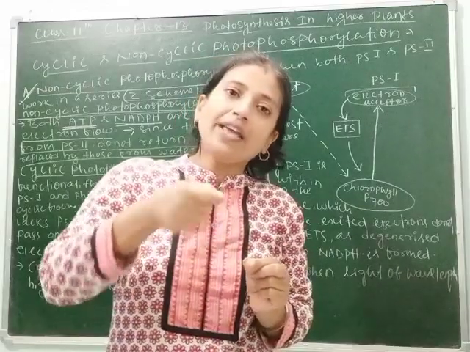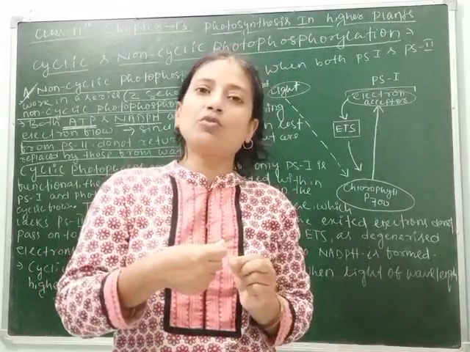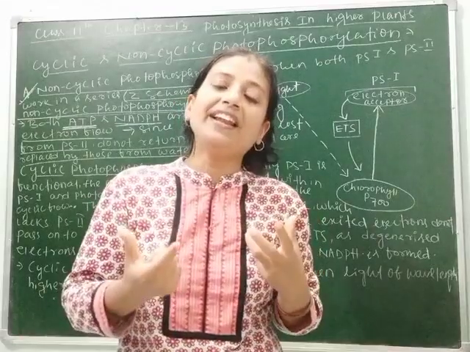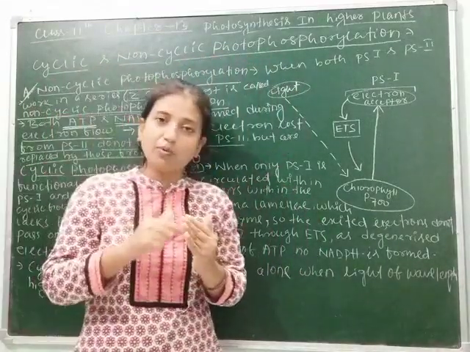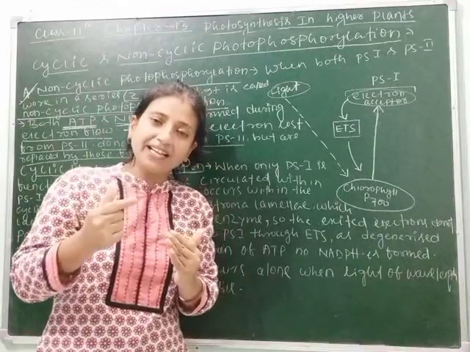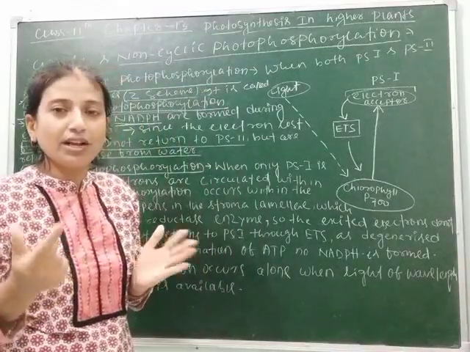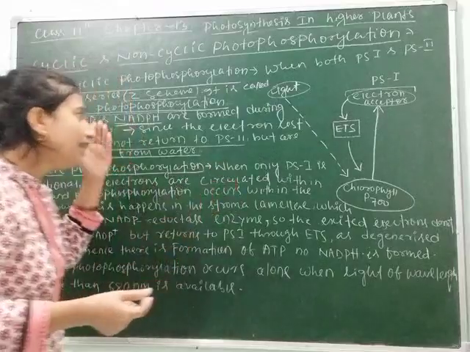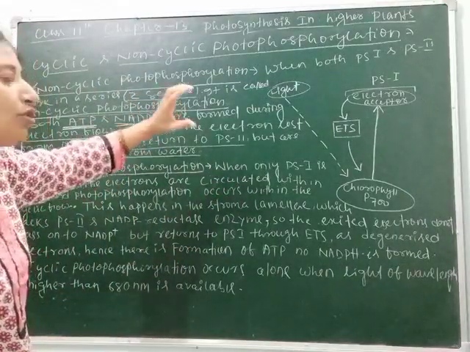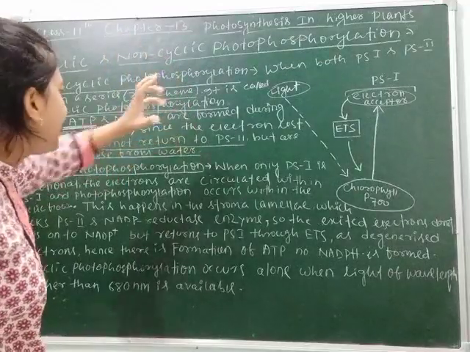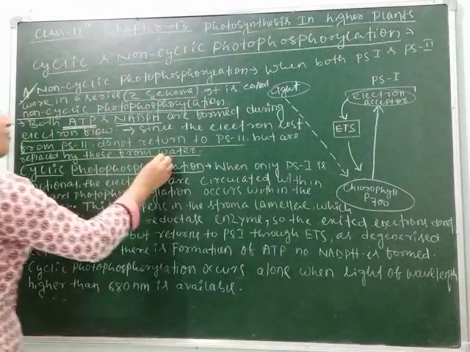But after losing, how does it gain them? It gains them from water. As you know, during photolysis, water breaks into 4 electrons and 4 protons. So the loss of electrons from photosystem 2 is again replaced from water.